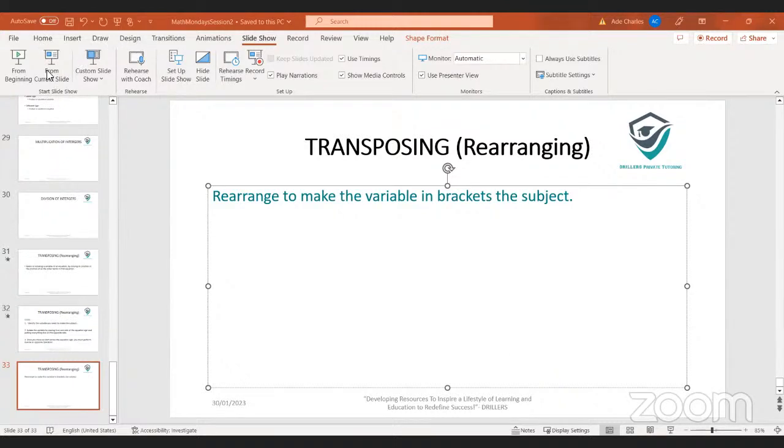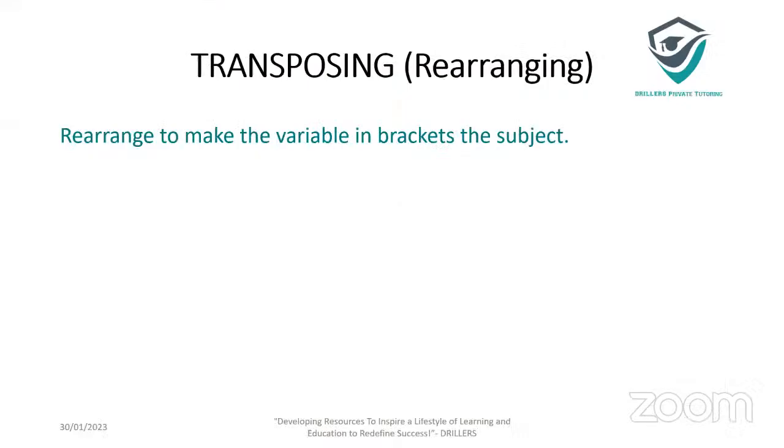So I'm just going to post a couple examples. And as the instruction says, we're going to rearrange to make the variable in brackets the subject. Remember, I said you can rearrange any type of equation, whether it's a regular equation or a formula, anything, any type of equation you can rearrange. So let's look at a simple equation.